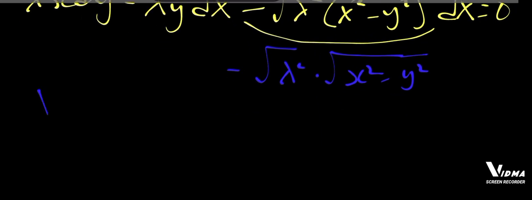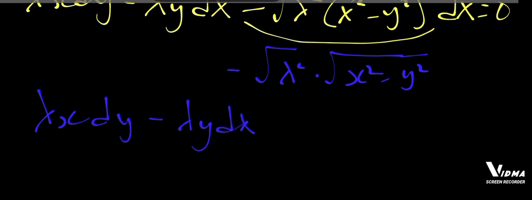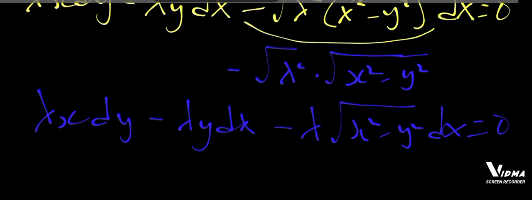So we'll end up with lambda x dy minus lambda y dx minus lambda multiplying square root of x square minus y square dx equal to 0. So we can see that all our terms are homogeneous to the first power, where our n is equal to 1. So we've determined that our differential equation is homogeneous.